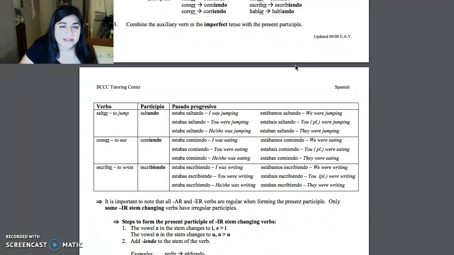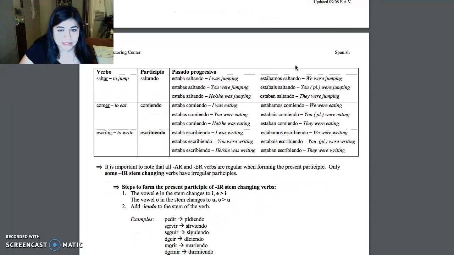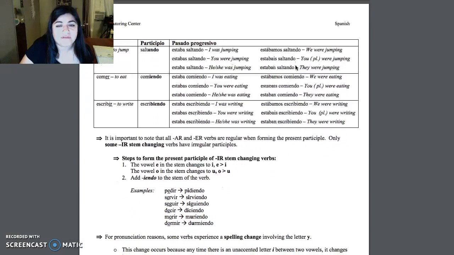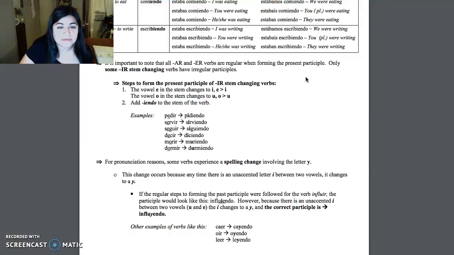Number 3, combine the auxiliary verb in the imperfect tense with the present participle. Here we have examples of an AR, ER, and IR verb for you to see. It's important to note that all AR and ER verbs are regular when forming the present participle. Only some IR stem-changing verbs have irregular ones.